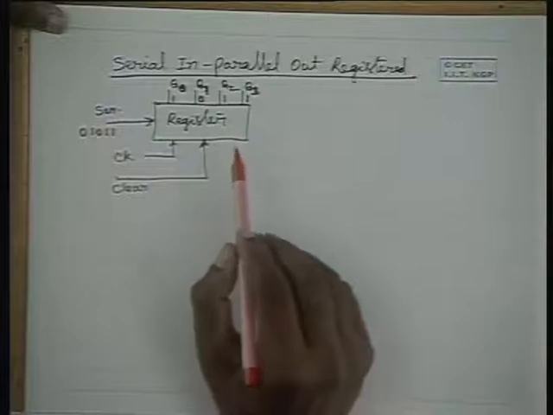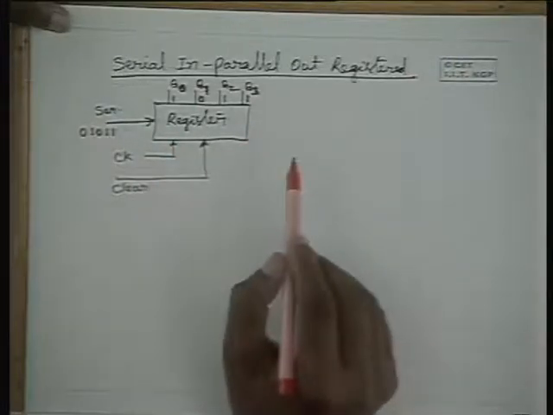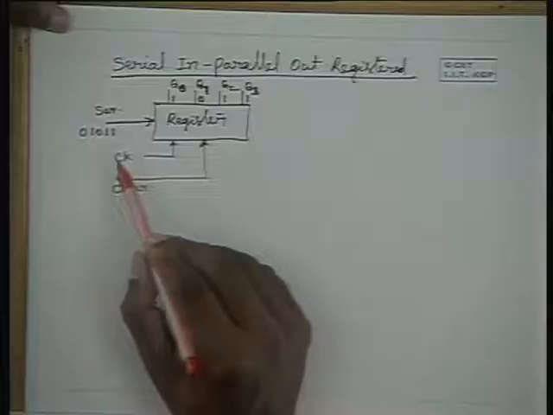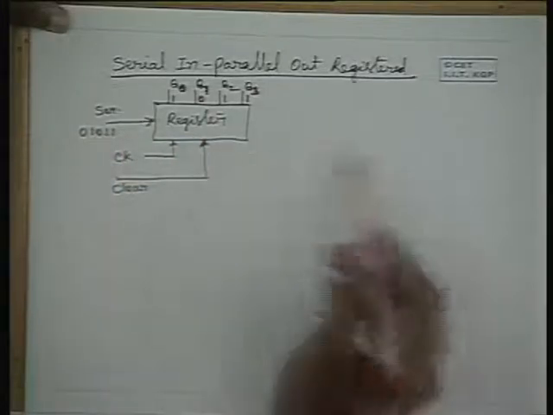So this can be used for serial in, serial output application also. In such applications, typically we use a different rate for input and another rate for the output.